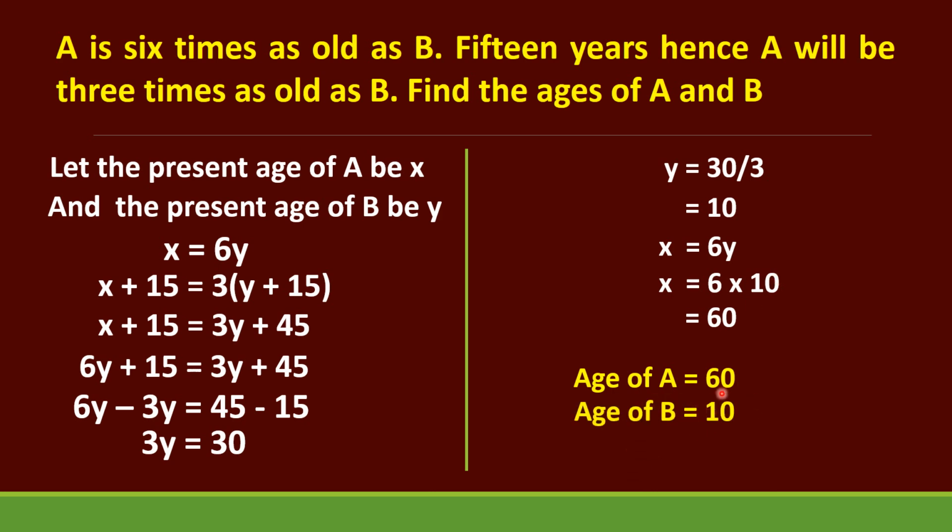That is the answer to this question. The present ages of A and B are found out here using the substitution method. The same problem may also be solved by taking two equations in two unknowns and using the elimination method by adding or subtracting the two equations as we have done in the previous question.